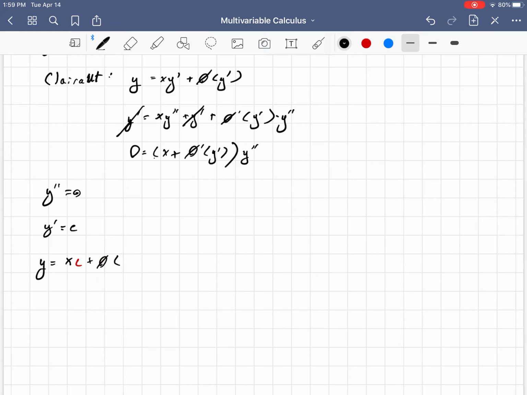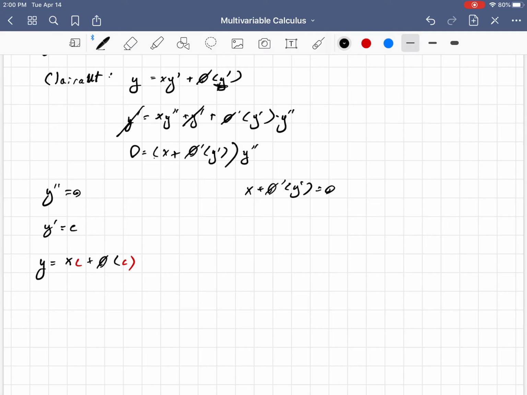So y, when we go to integrate, is actually just going to be xc, because y prime is c, plus phi of c, because again, the phi of y prime, well, y prime is c.